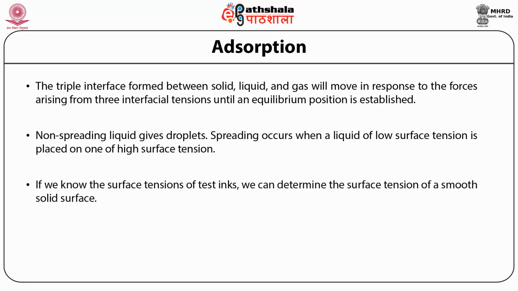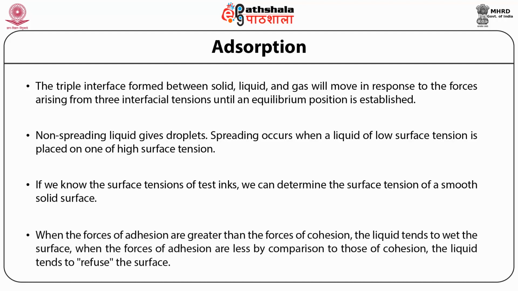If we know the surface tensions of the testing liquids, we can determine the surface tension of a smooth solid surface. When the forces of adhesion are greater than the forces of cohesion, the liquid tends to wet the surface. When the forces of adhesion are less by comparison to those of cohesion, the liquid tends to diffuse over the surface.